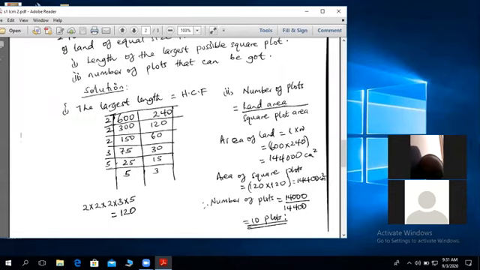So number of plots will be area of the rectangular land divided by area of the square plot, and area of the rectangular land is 144,000 here, and the area of the square plot is 14,400, and when we divide, we get 10 plots.